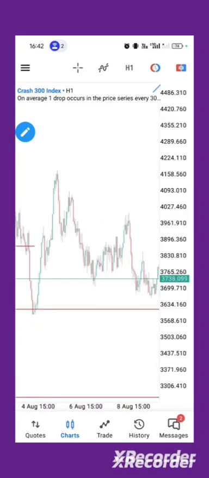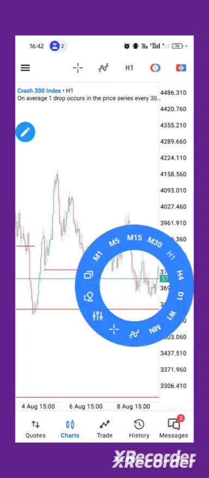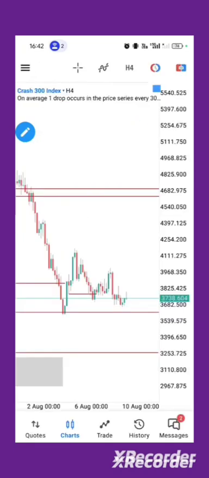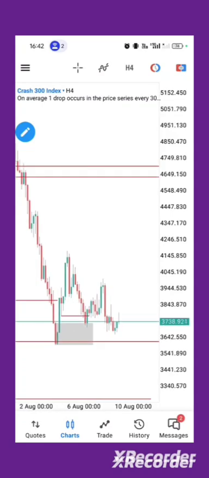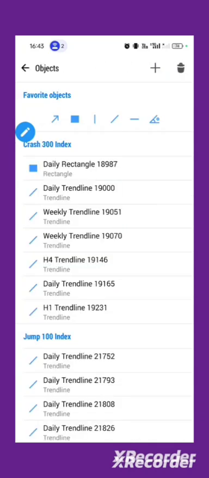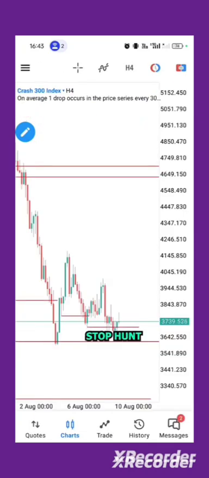Now we see that it's currently reacting, and we're going to be working within that little range right there. So on the 1 hour, we see price made a stop hunt below that low, and when it made the stop hunt, it went below there and respected the 4 hour OB. But most importantly, I want you guys to see that it filled the fair value gap, and then it went up and now returned back down to give us a stop hunt.